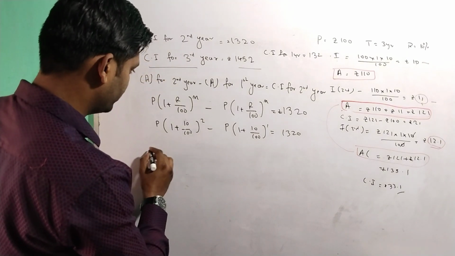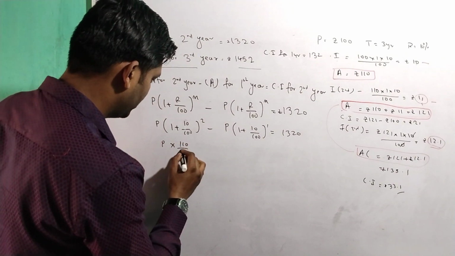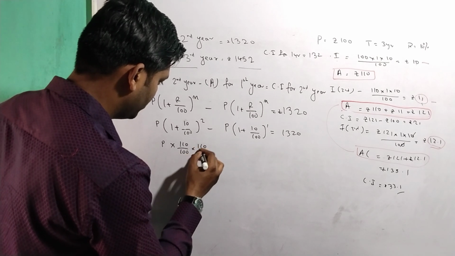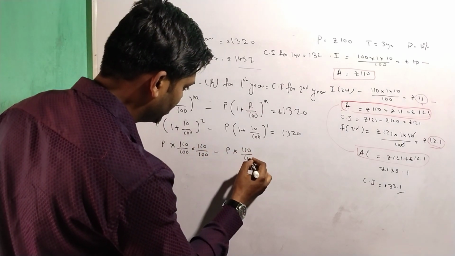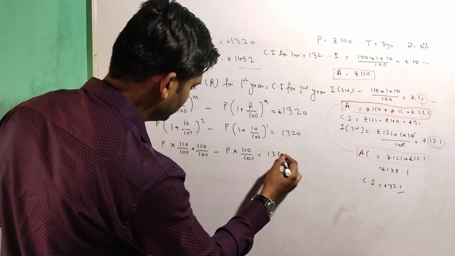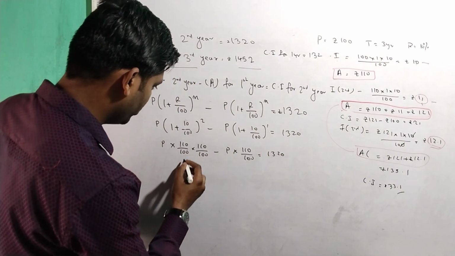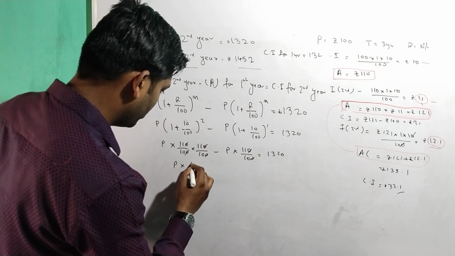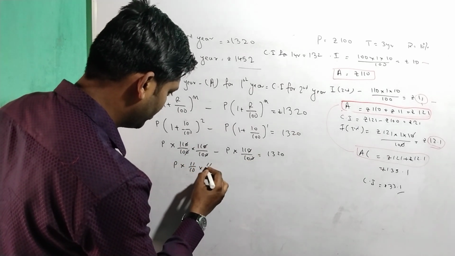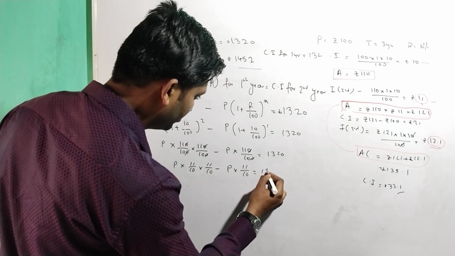Now do the calculation. P into 110 by 100 into 110 by 100 minus P into 110 by 100 is equal to 1320. Now take out the common terms. You can cancel like this: P into 11 by 10 into 11 by 10 minus P multiplied by 11 by 10 is equal to 1320.